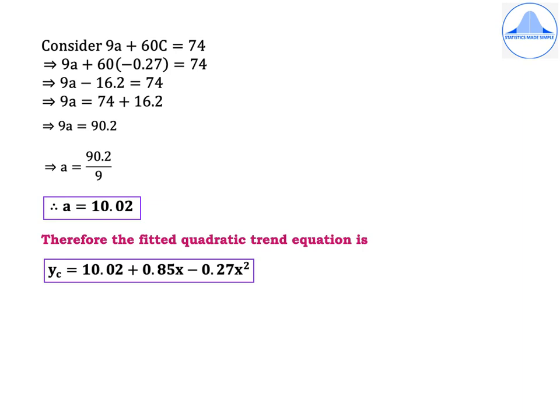Therefore, a is equal to 10.02. Therefore, the fitted quadratic trend equation is Yc equal to 10.02 plus 0.85x minus 0.27x square.